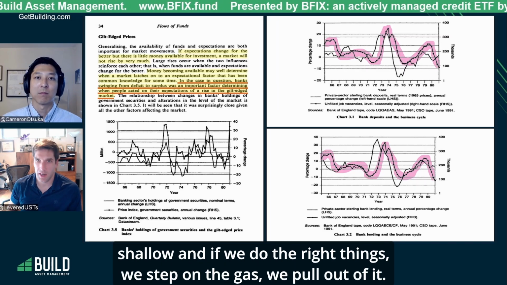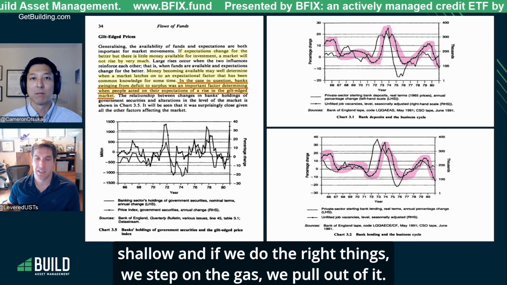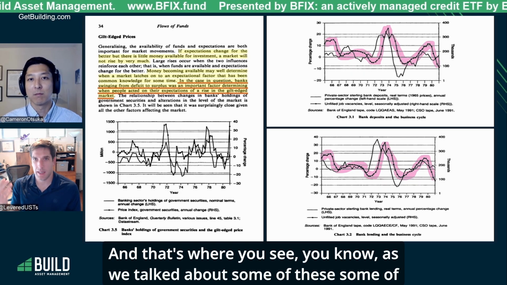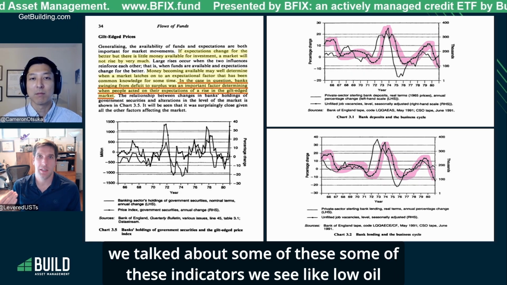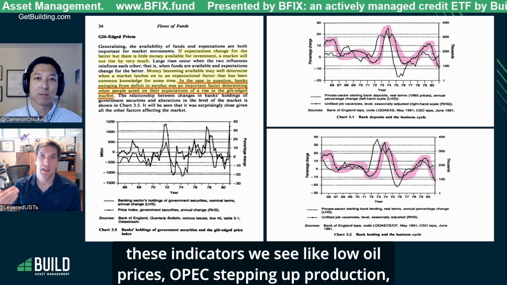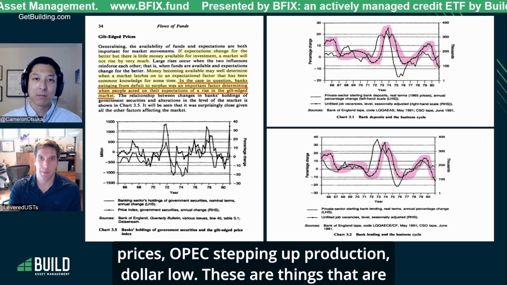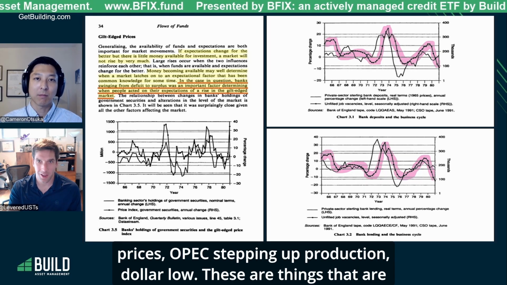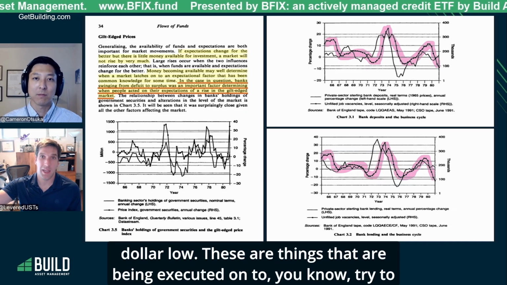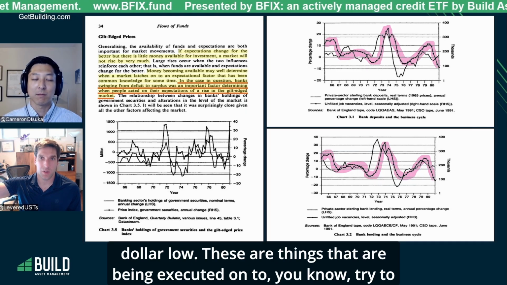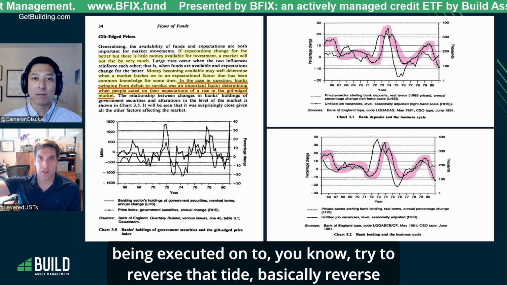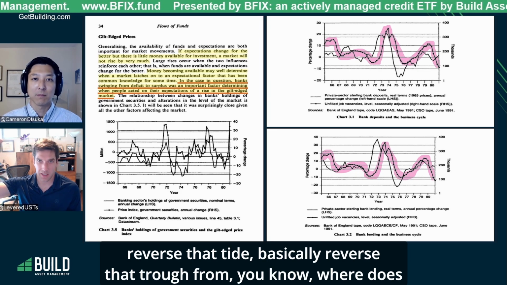It can be shallow, and if we do the right things, we step on the gas, we pull out of it, and that's where you see, as we talked about, some of these indicators like low oil prices, OPEC stepping up production, dollar low. These are things that are being executed on to try to reverse that tide, basically reverse that trough.